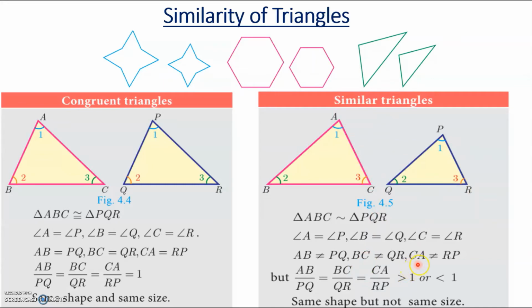They can be less than 1 or greater than 1, but not equal to 1, because if they're equal to 1, they're not similar triangles, they are congruent triangles. So the property of similar triangles is that the angles inside are the same and the proportion of their sides is the same.